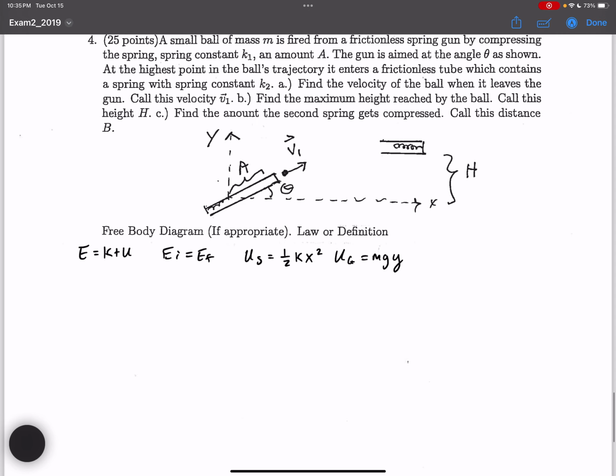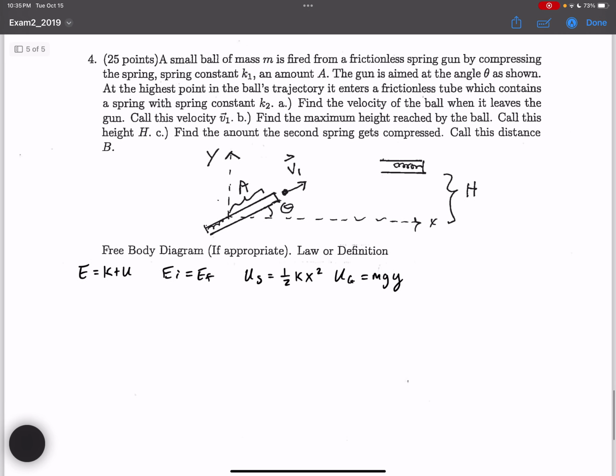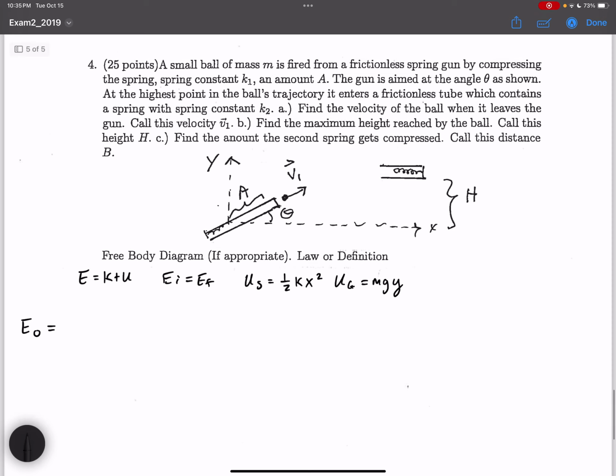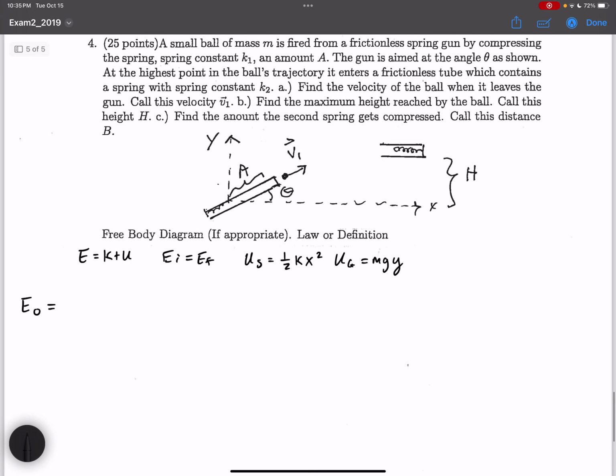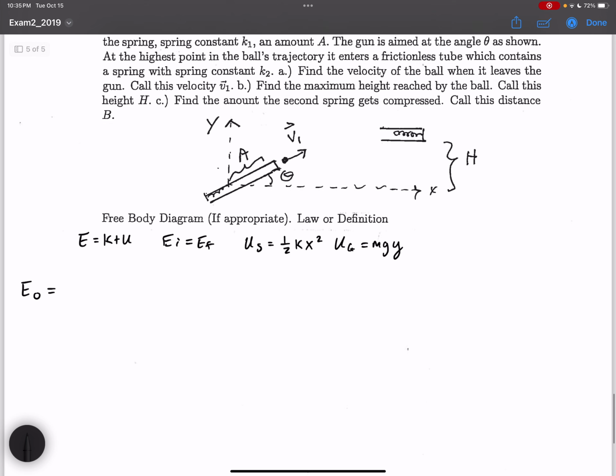So when it's in the spring, it's going to have this energy. Its energy there is going to be equal to its kinetic energy plus the potential energies. Its kinetic energy there is going to be 0 because it's not moving.